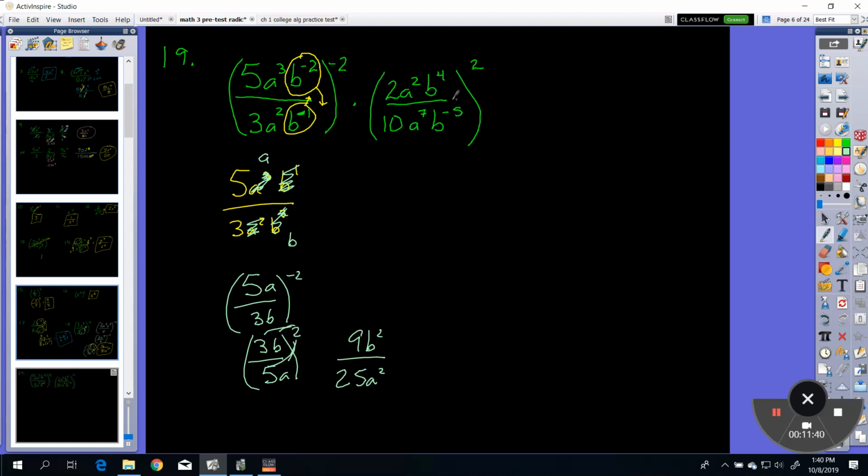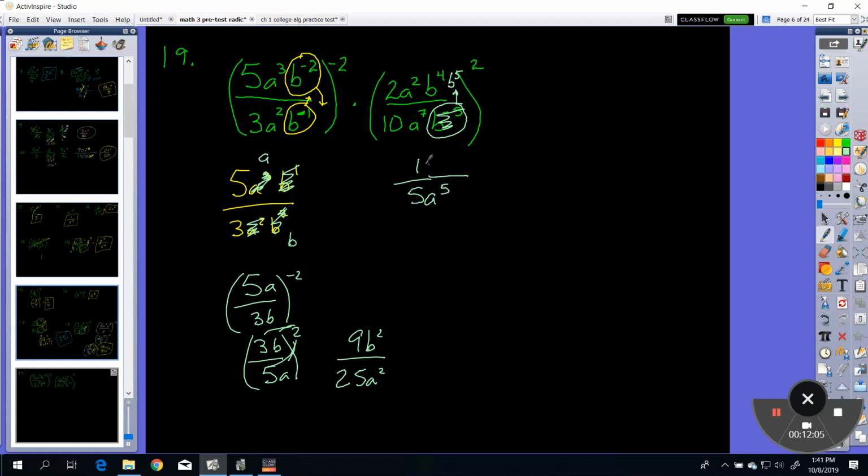So now I'm going to work with this second one. B to the negative 5, it just comes up here as b to the 5th, and it's no longer on the bottom. So now I can simplify things. 2 divided by 10. Each of those are divisible by 2, so it will reduce to become 1/5. There are 7 a's on the bottom, 2 on the top, so 7 minus 2 is 5 a's left on the bottom.